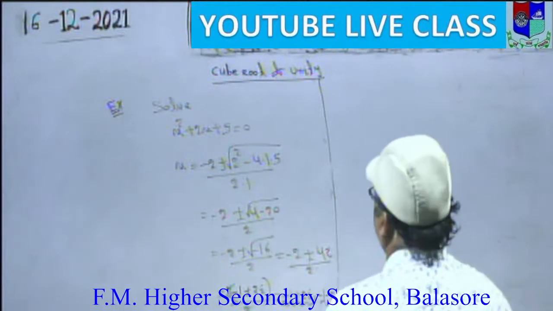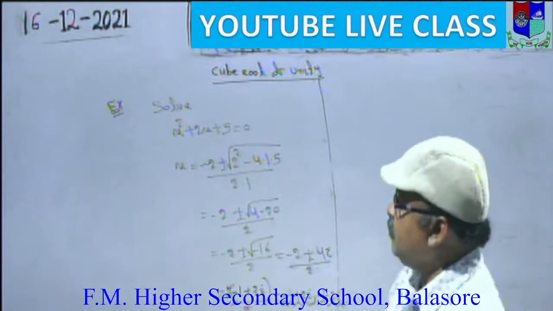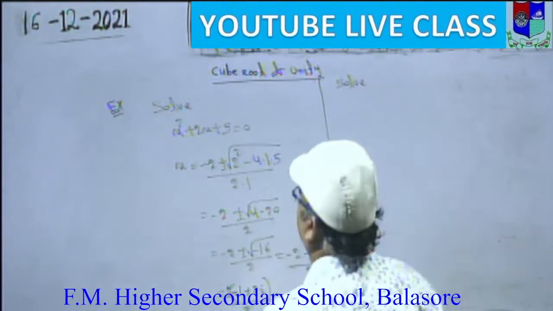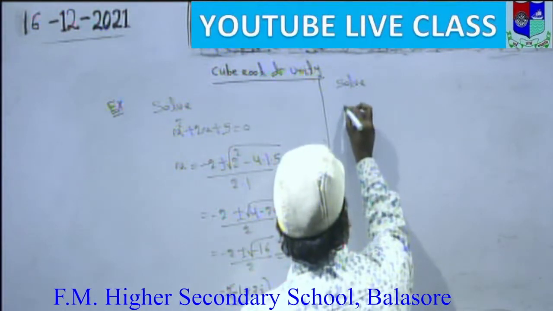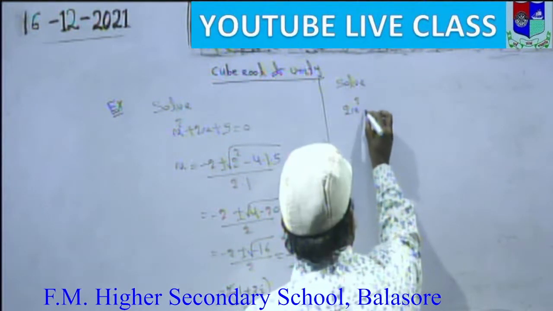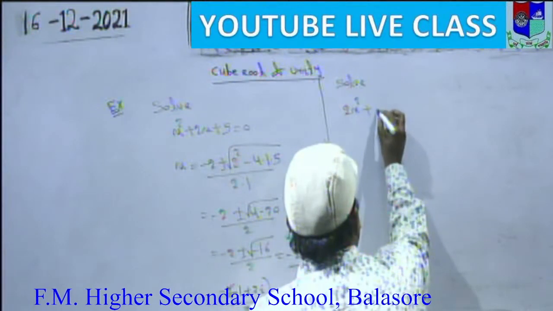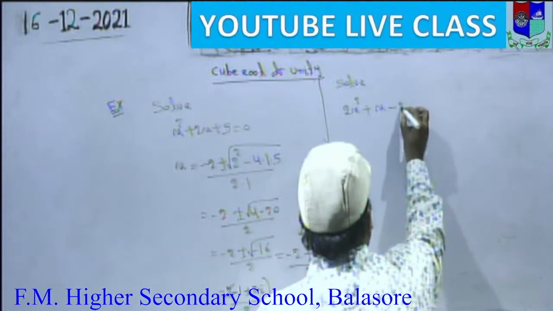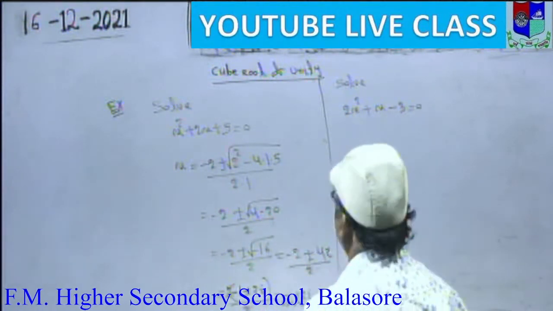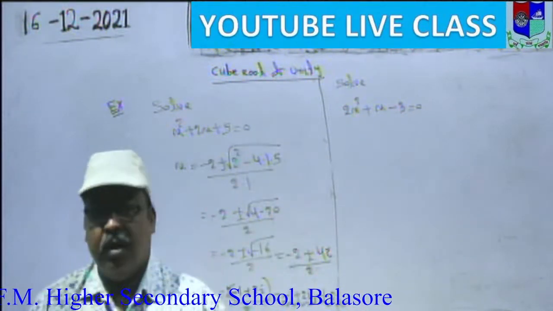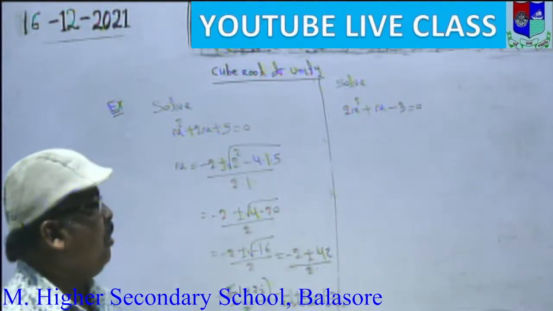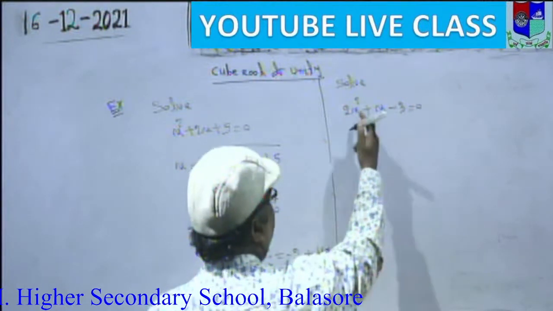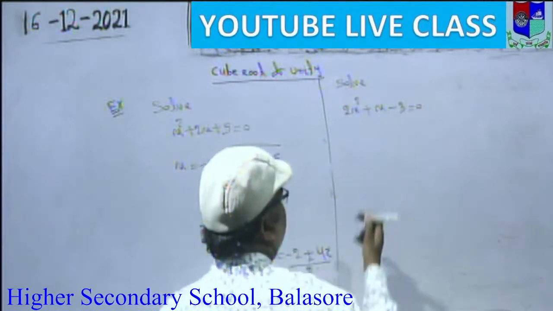Another question. Solve 2x square plus x minus 3 equal to 0. So it is also one quadratic equation. We can use that formula. Here a is 2, b is 1 and c is minus 3.